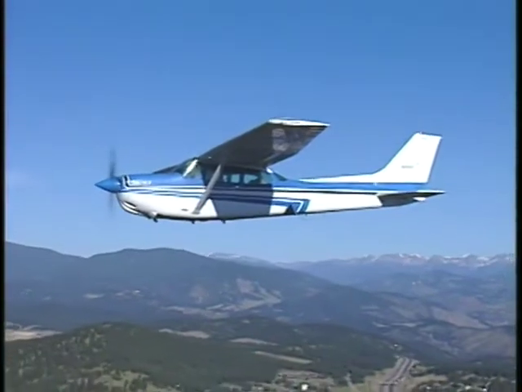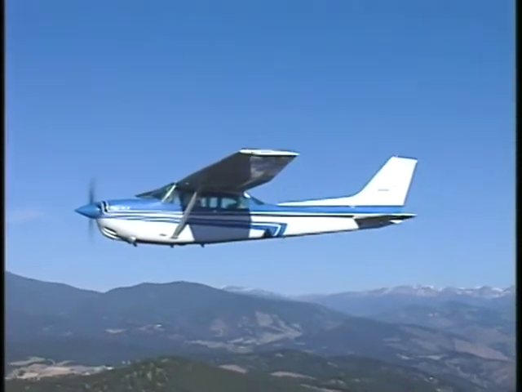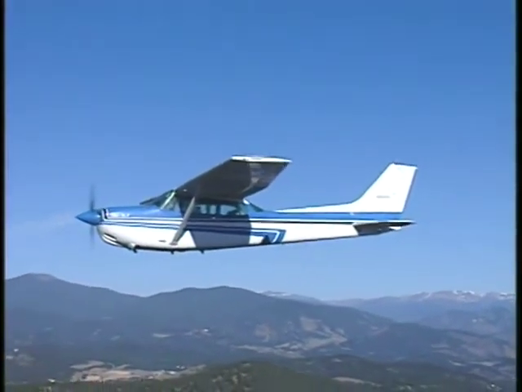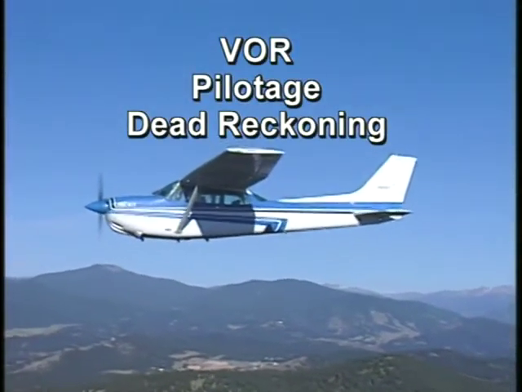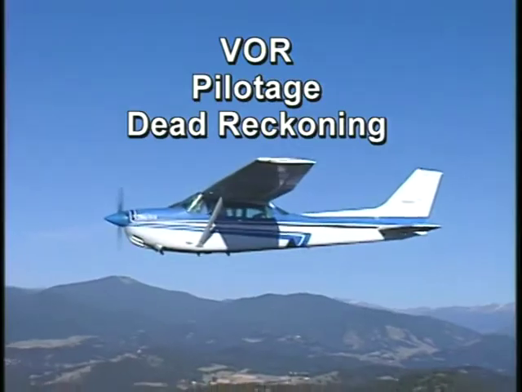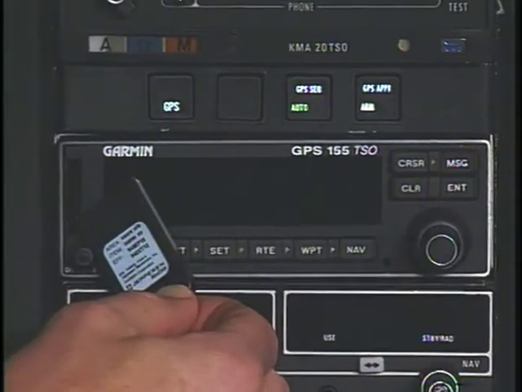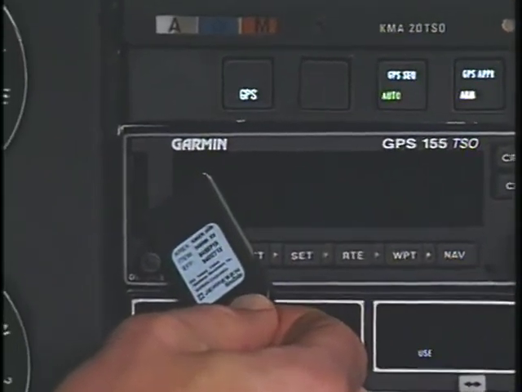Many handheld GPS receivers do not have RAIM alerting capabilities. These receivers should not be used as the sole system of navigation. Instead, you should integrate GPS with other forms of navigation, such as VOR, pilotage, or dead reckoning, to ensure navigation accuracy.